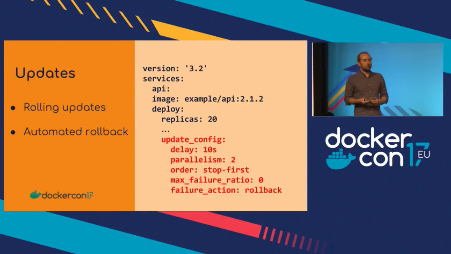In that example, you can configure how fast the update should be and how parallel. If you're running a 200 node replica, how fast the update should go through and what the parallelism of that is. And you can also define what to do if there's a failure. Should it roll back? Should it stop? Should it pause? You can configure everything from the same declarative syntax.